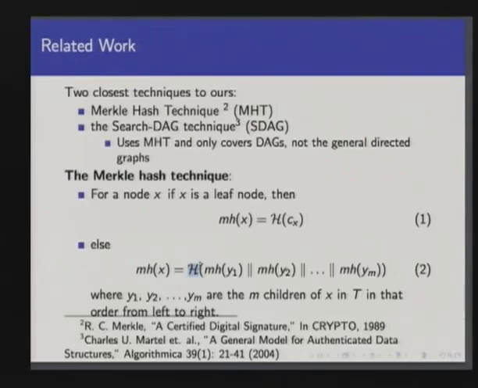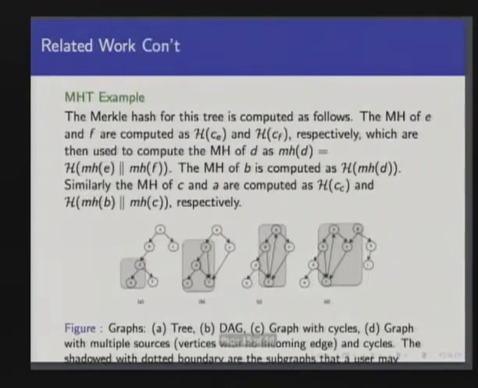Let me explain this through an example. If we look at figure A, E and F are the leaf nodes, so we can compute the Merkle hash of E and of F by hashing the content value stored in the internal representation of these nodes.